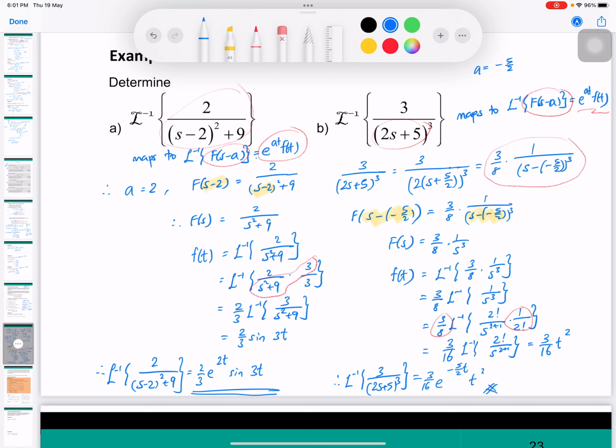Okay, so this is the inverse Laplace transform, just directly by using the table of Laplace transform. The next part, we have another 2 parts. One is using the partial fraction, and another one is to use the convolution theorem.